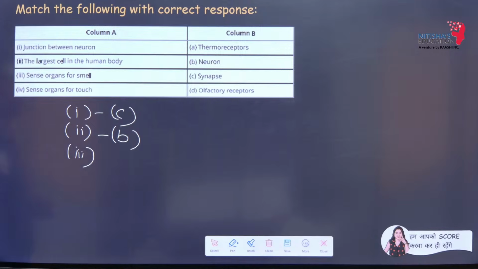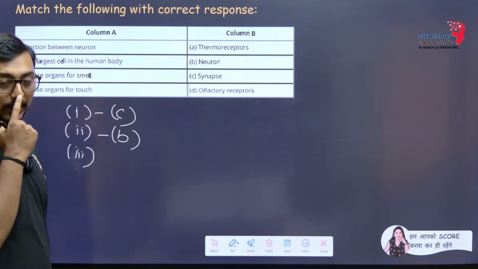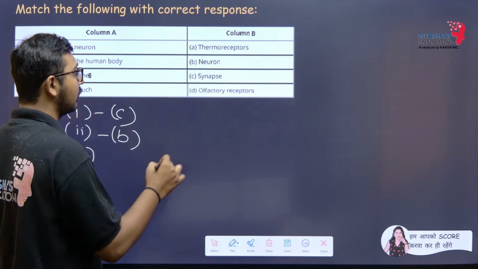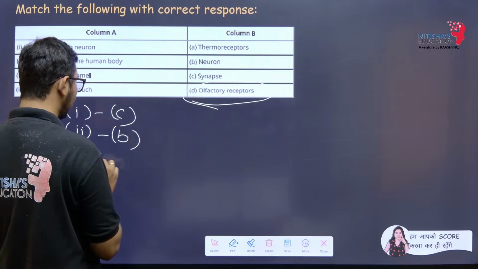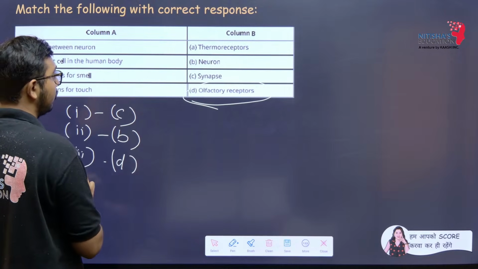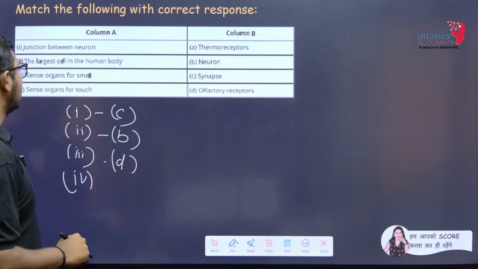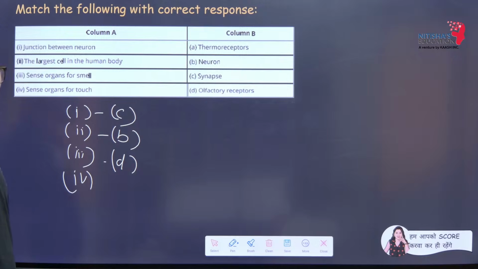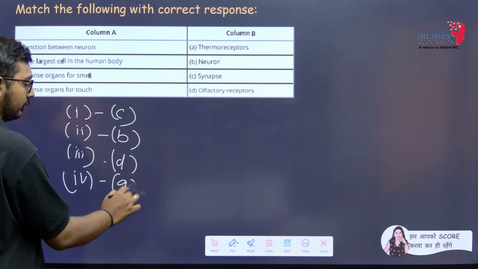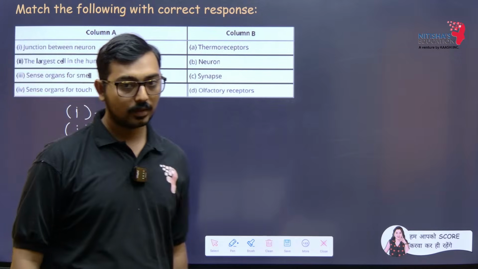Sense organs for smell. For smell, what kind of organ is being considered? Olfactory. And sense organ for touch, it is thermoreceptors. Simple.